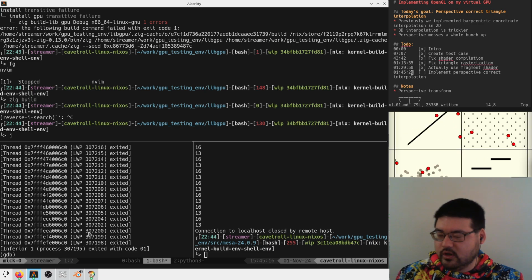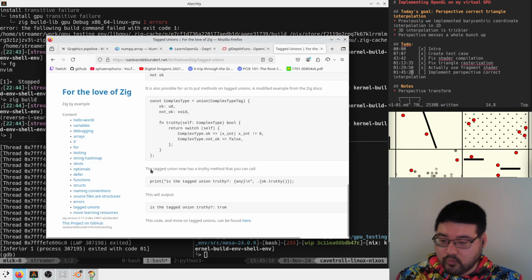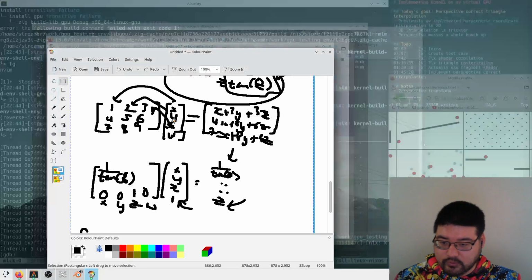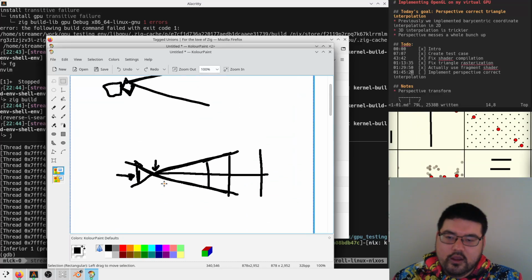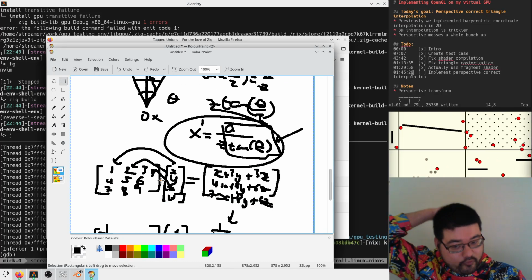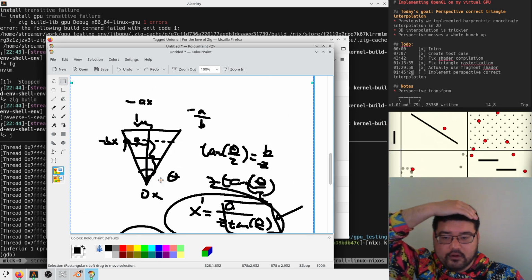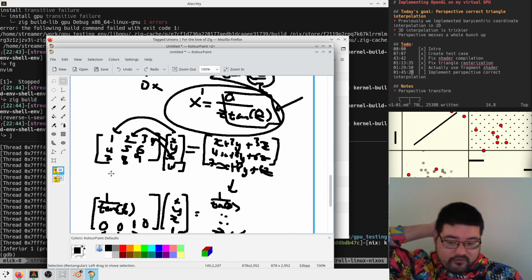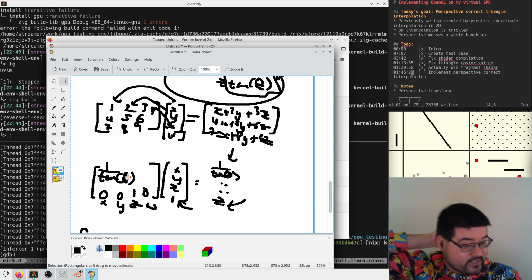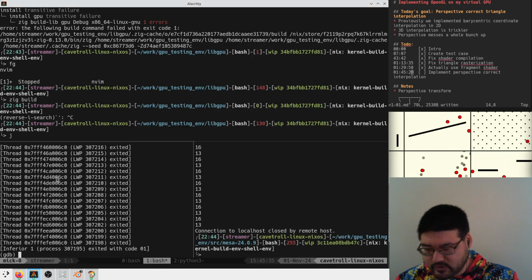So, we were talking about way at the beginning of the stream when we were trying to create our matrix for our perspective matrix. We were talking about how the x and y values that come out of this thing are essentially scaled by 1 over z, right?